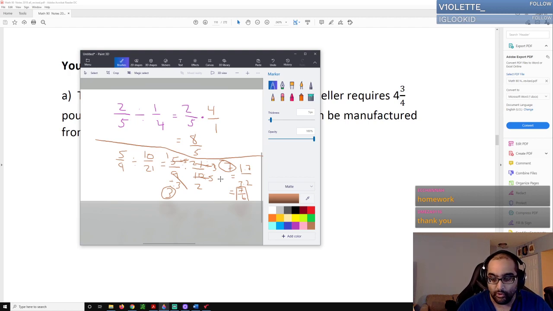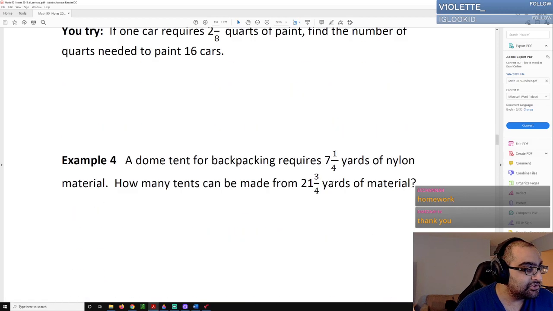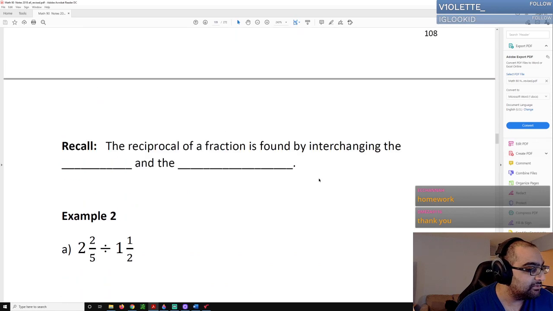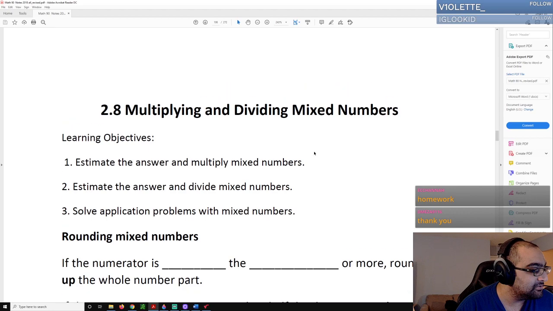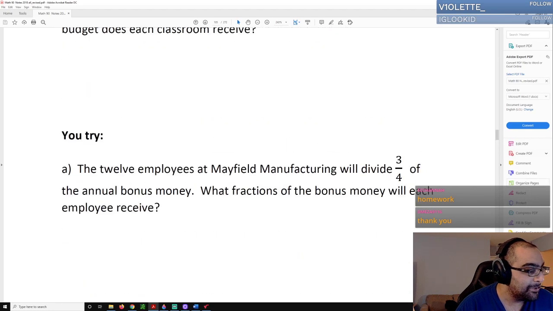No problem, I'm here to help. Homework? If we're going to keep track here, we're going to go up to 2.7. That's a lot to do, but that's part of the deal.